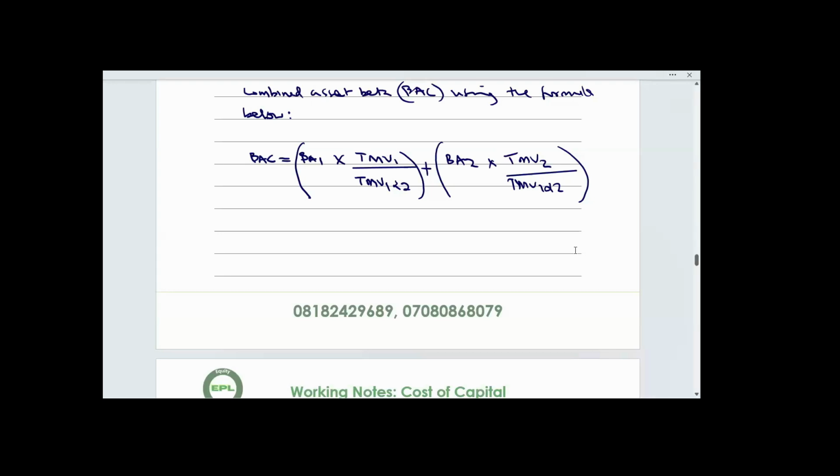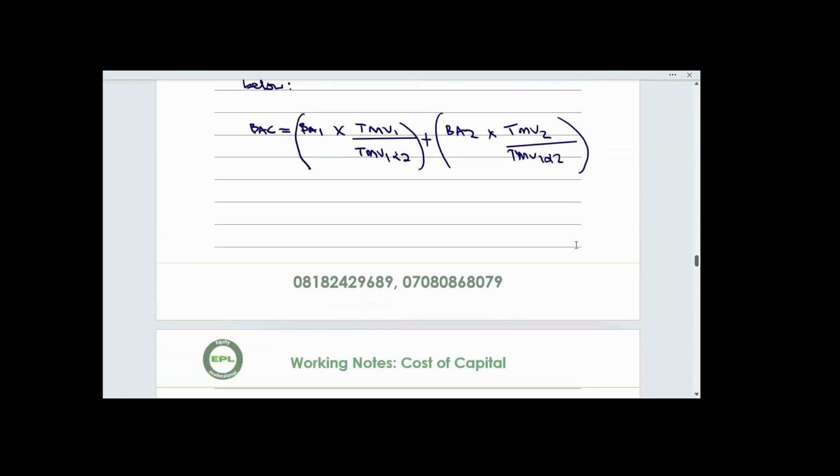All right. Then step 5, you regear. The same formula we used to regear under project specific is the same. Then step 6, you calculate cost of equity using the capital asset pricing model.